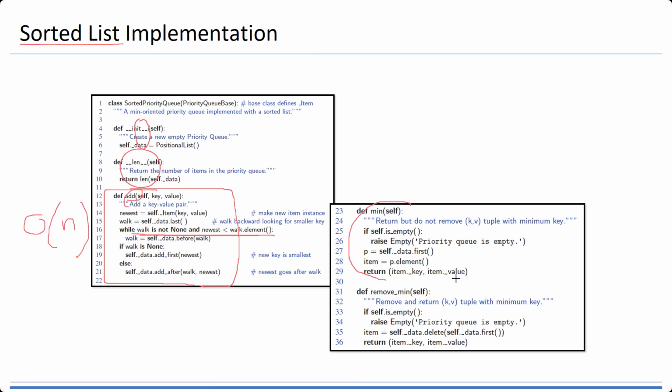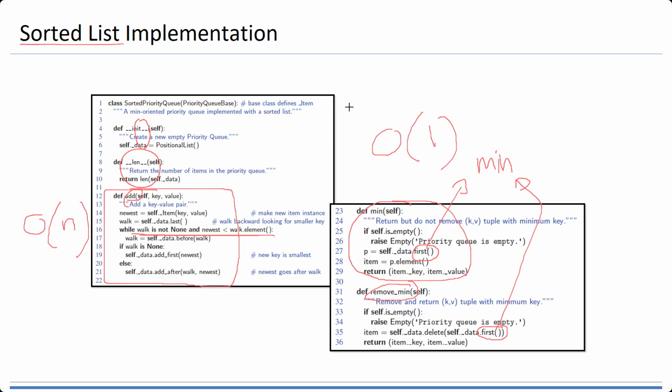To find the minimum, we just need to find the first. The first will be the minimum. And to remove the minimum, we also need to get the first data. Then this will give you O(1).